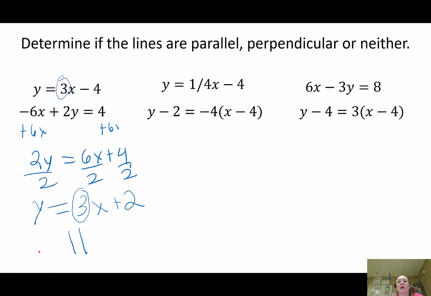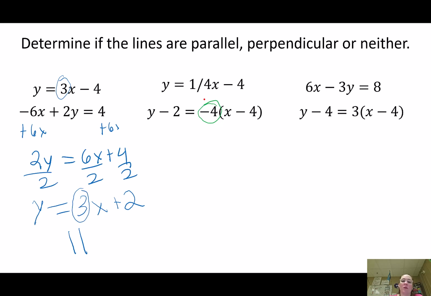Okay, looking at the second one, I've got y is equal to 1/4 x minus 4. Okay, my second equation's in point-slope form. So where do I find the slope for that? Right here. Okay, 1/4 is the opposite reciprocal of negative 4.